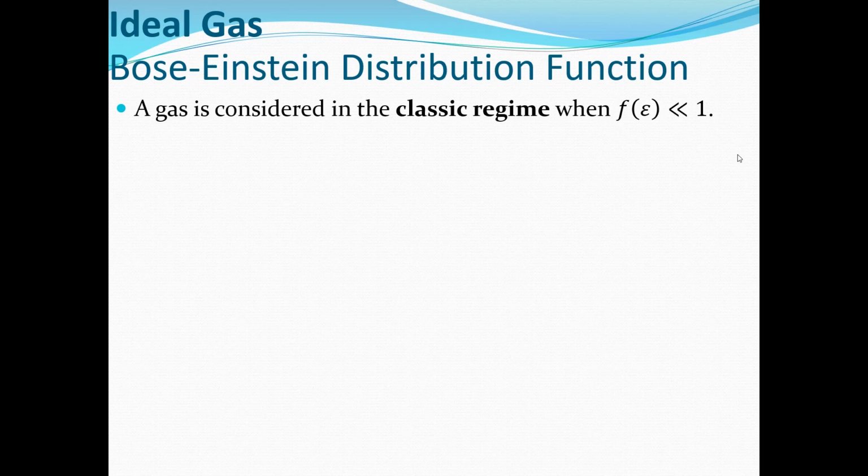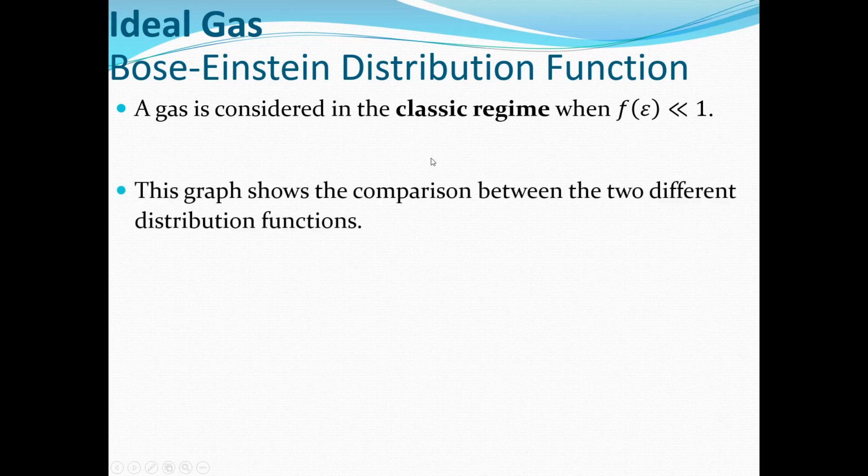So we don't have to worry about issues of having a lot of particles in one spot. You can have a situation where there's essentially one particle and then a few orbitals that are completely empty and then another particle somewhere else. So it's classical when it's much less than 1.